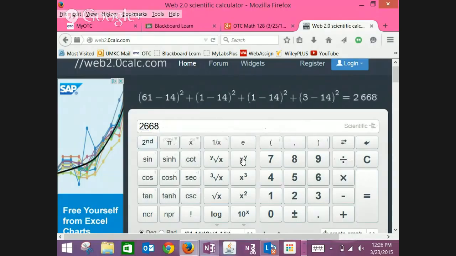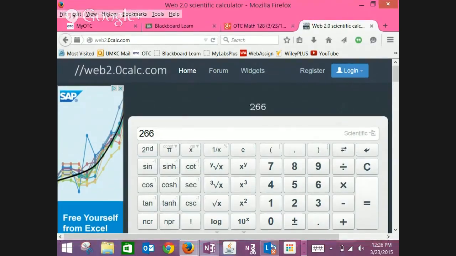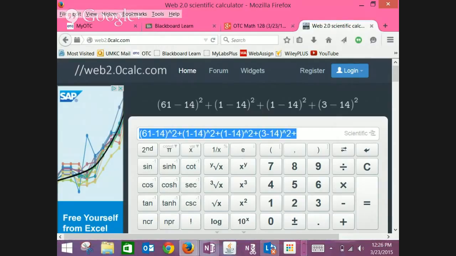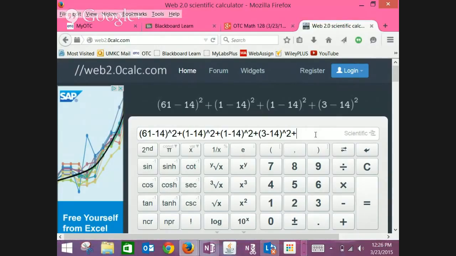What was our next number? 2 minus 14. Too fast with my buttons here. Your calculators don't probably have Control Z, do they?